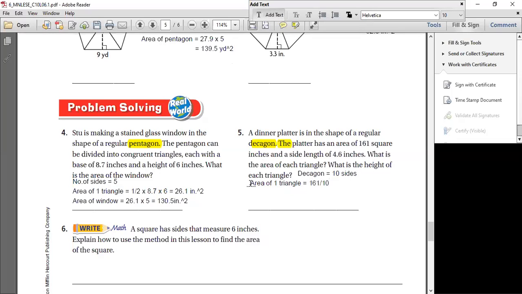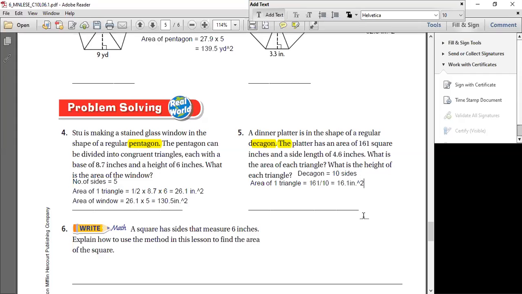So how much is 161 divided by 10? Now this is again mental math. You're dividing by 10, which means you will have to move the decimal place one place in front. So that's going to be 16.1. And the unit is given to be in inches. So 16.1 square inches is the area of one triangle.